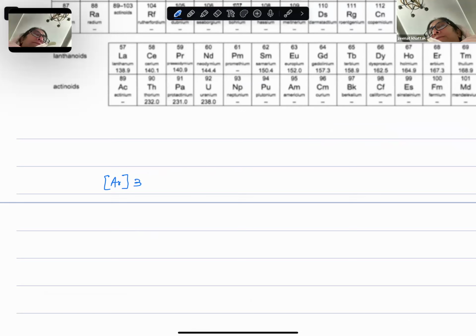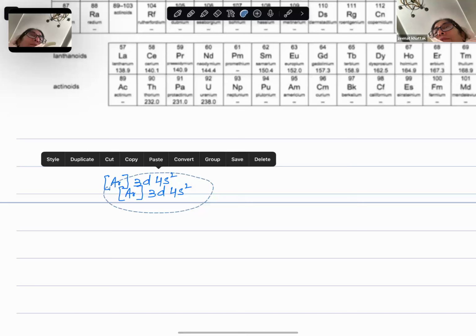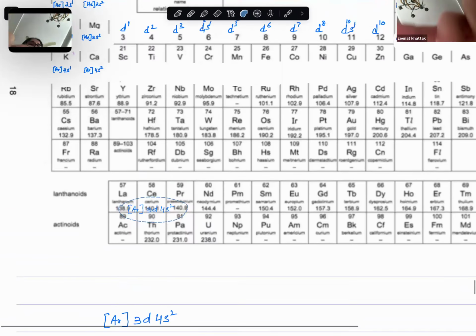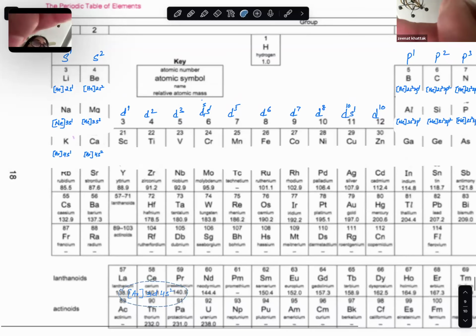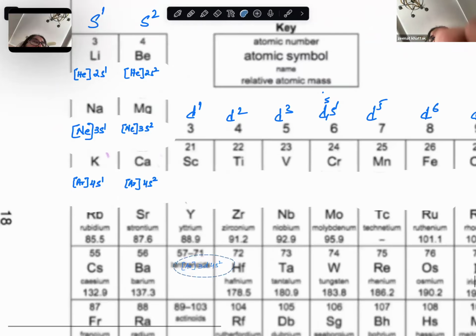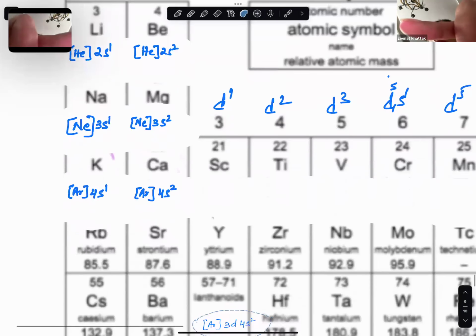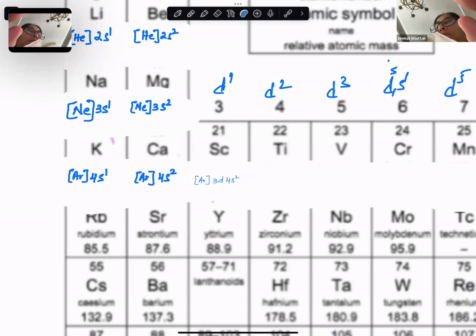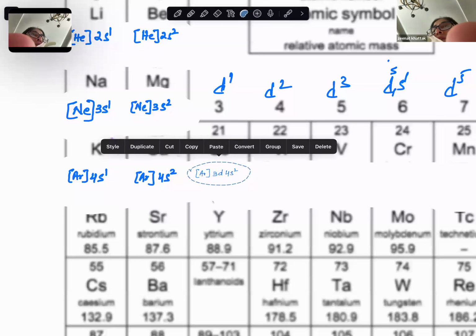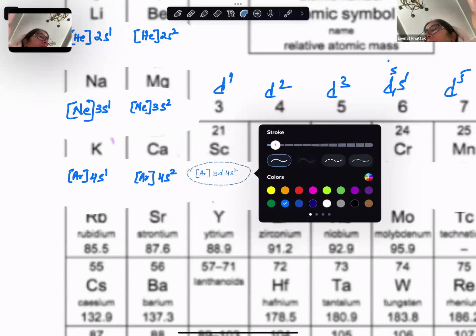Argon 3d and 4s2. If I copy this, what should I do?